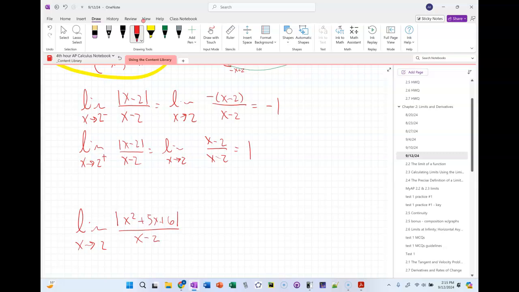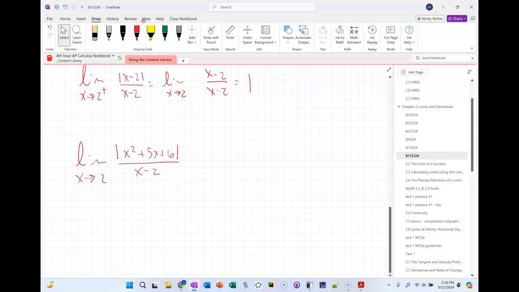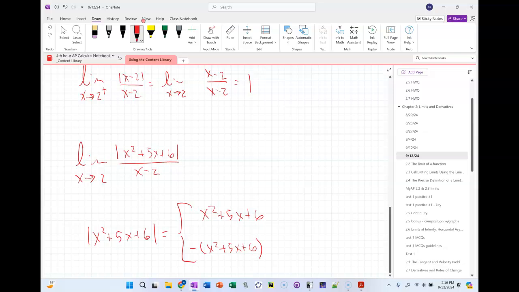How do I write my piecewise absolute value equation for the polynomial? I know I'm going to have 2 pieces, one where I don't do anything and one where I do the negative of it. But how do I know which one is which?